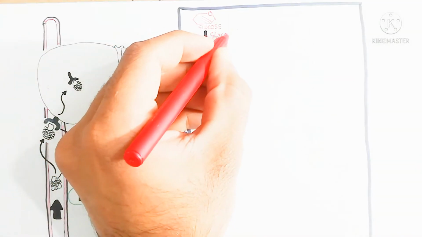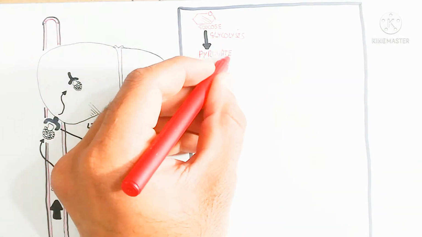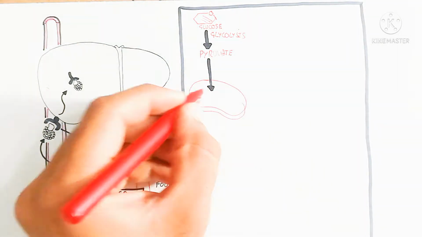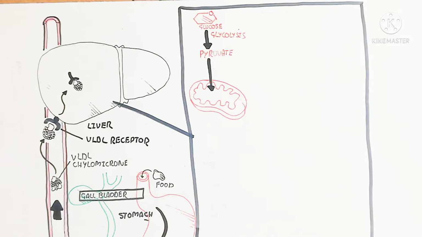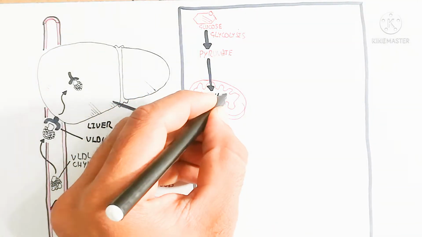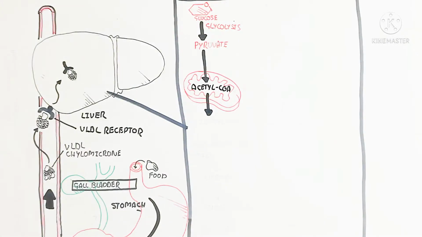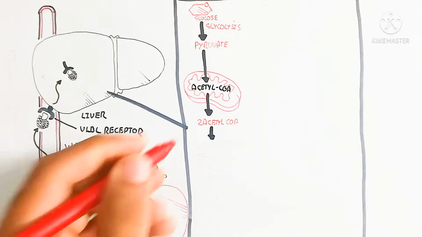Dietary glucose goes into the liver, the hepatocyte, and in glycolysis glucose produces pyruvate. This is the anaerobic respiration. Using aerobic respiration, acetyl CoA is produced in the mitochondria, producing 2-acetyl CoA.